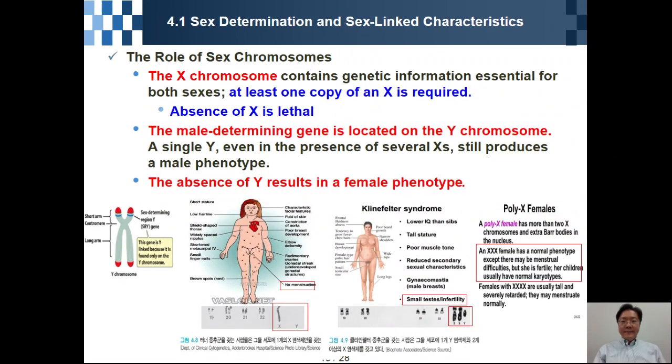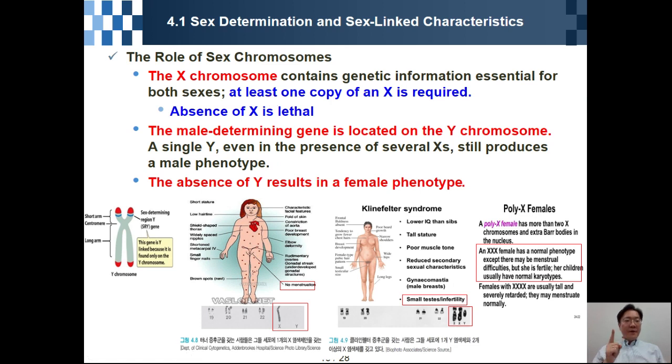We will further investigate the role of the sex chromosomes. Humans have X and Y sex chromosomes. The X chromosome contains genetic information which is essential for both sexes, so at least one copy of X is required.